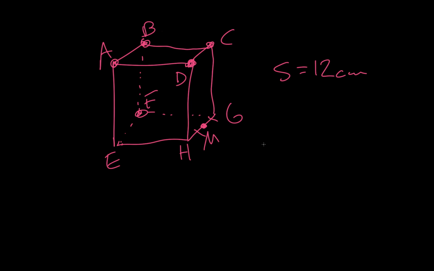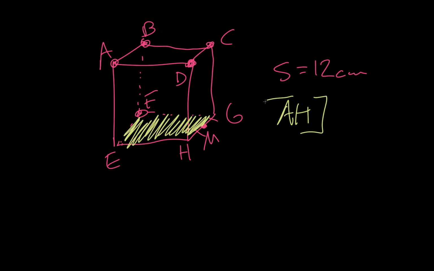It says find the angle between the following line segments and the base plane EFGH. So once again, we're dealing with the bottom, EFGH, and it wants us to look at AH first. So we're going to draw AH.